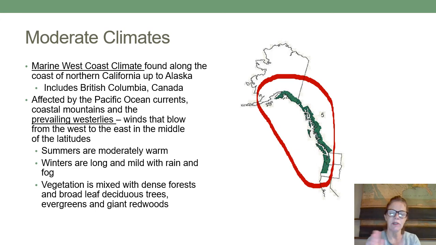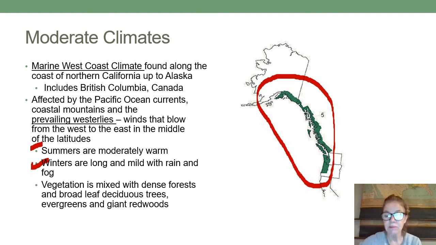The prevailing westerlies as the winds blow off of the Pacific Ocean and they come here. And we've talked about this before. The air is warmed during the winter because the ocean is warmer, and it's cooled during the summer. So the summers are moderately warm, right? The winters are long and mild with rain and fog.